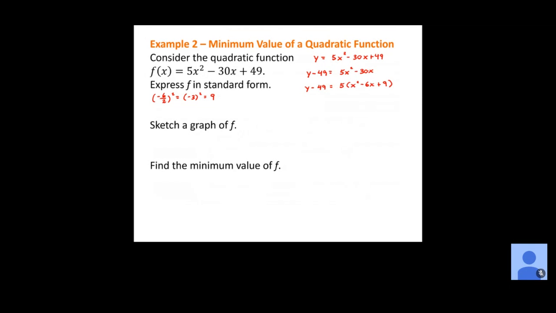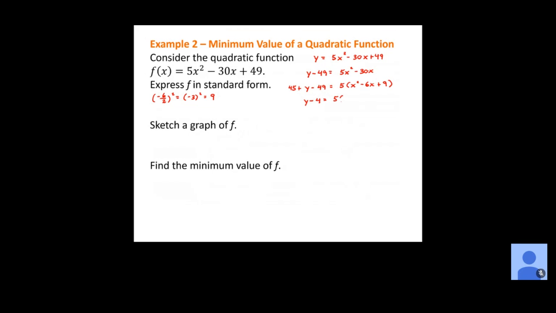But I have to do the same thing to the other side. This time I have a 5 on the outside. So remember, we're actually multiplying 5 times the 9, which means I'm really adding 45 to the left-hand side. All right, now I can simplify. 45 and negative 49 is going to give us a negative 4. So we have y minus 4.